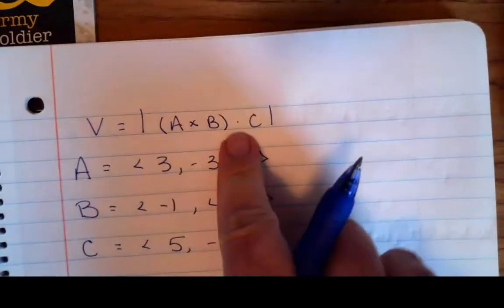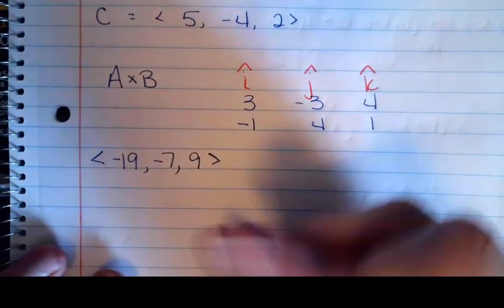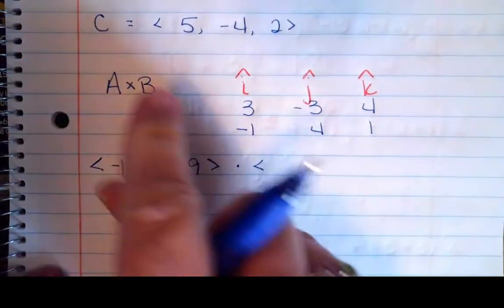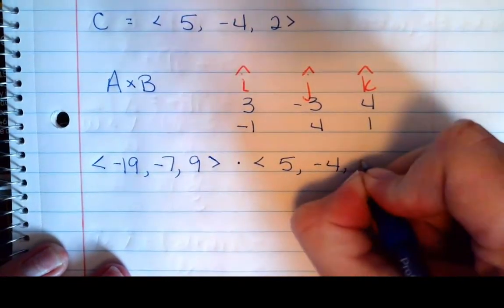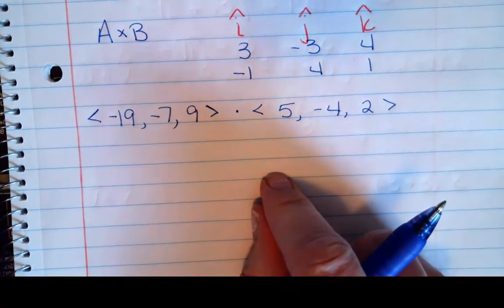And now what do I need to do? I need to take the dot product with c, and then we're going to take its absolute value. So c is 5, -4, 2. How do I do a dot product? I multiply corresponding components and then do what the signs say to do.